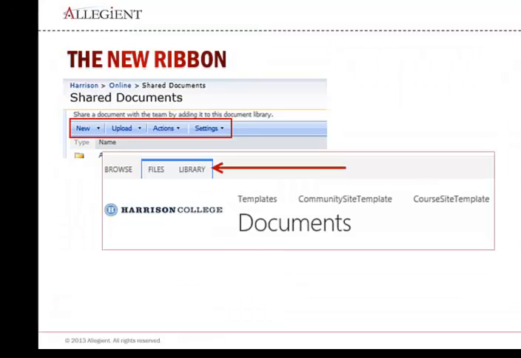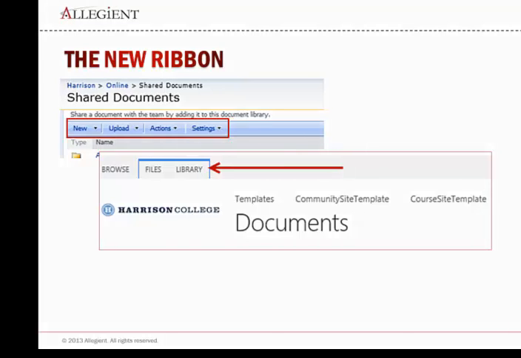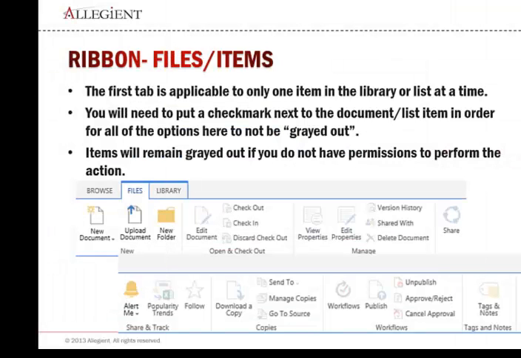There is a new ribbon in the new share. At the top is what it looked like before in the old share, and then this is what it looks like now. Okay, so new document allows the user to create a new document directly from the site.